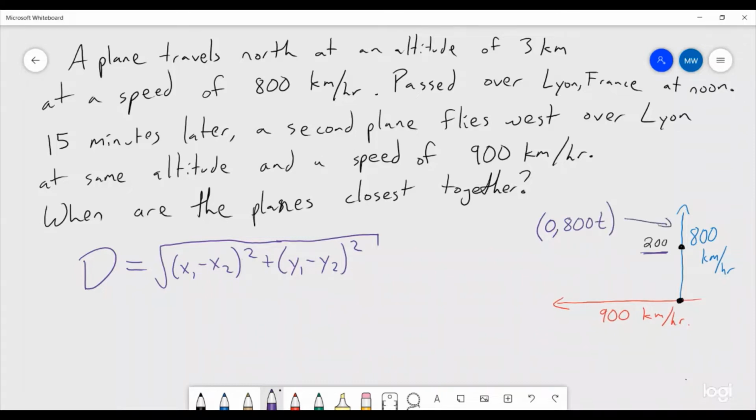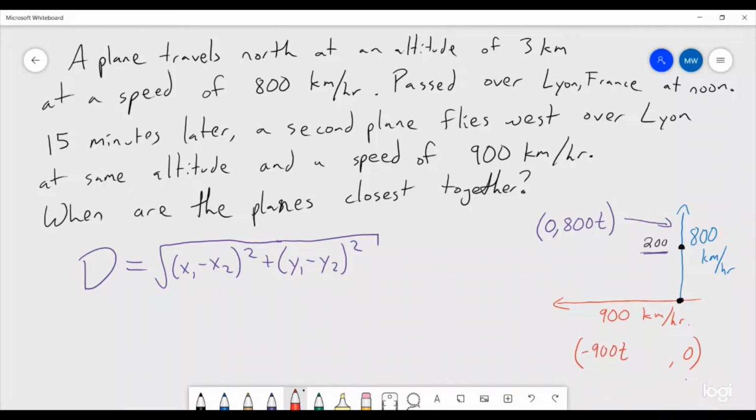And that's going to be this position here. The red one, its y-coordinate is always 0. Its x-coordinate is going to be decreasing at 900 kilometers per hour. So we have a minus 900t.